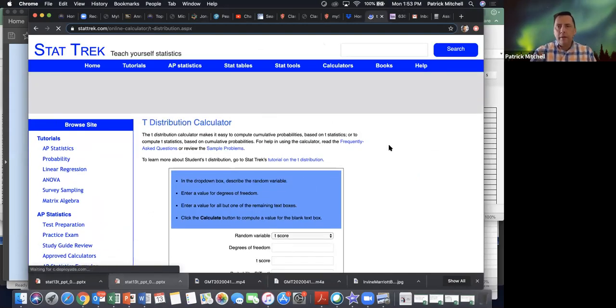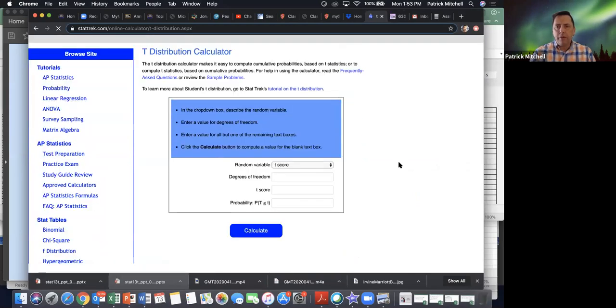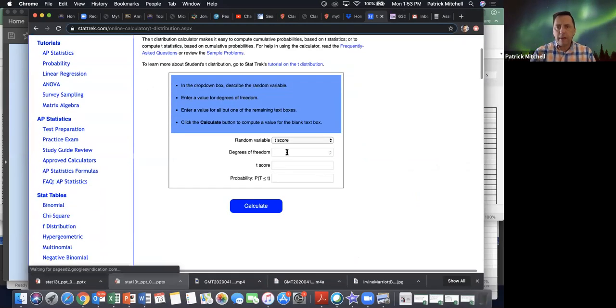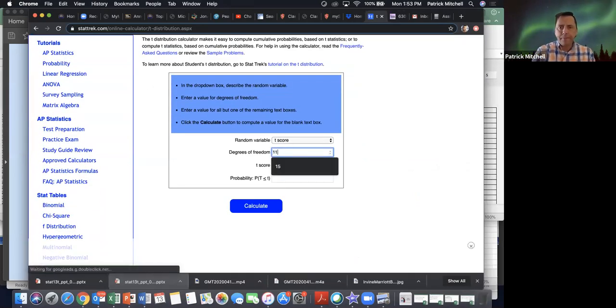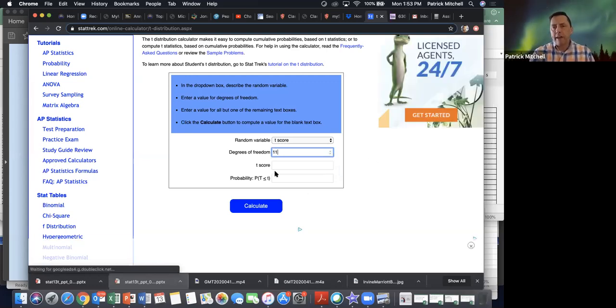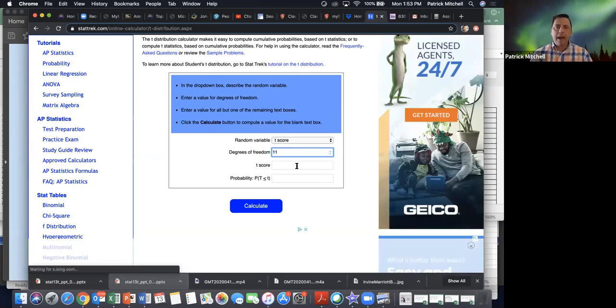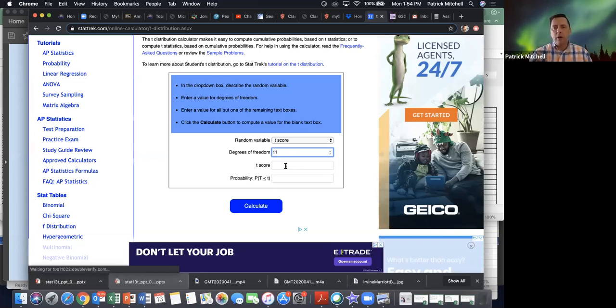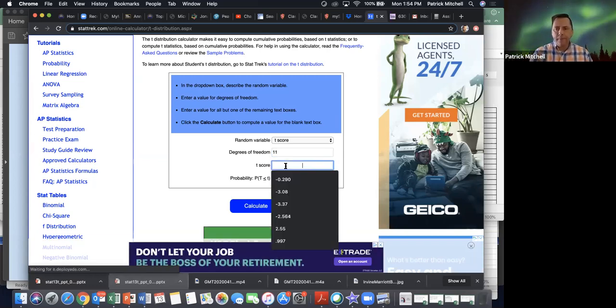Okay. So random variable is the t-score. The degrees of freedom is 11. Now, I have to be careful what I type in this t-score box. So our calculated test statistic was negative 0.660. I'm going to go ahead and put that in.